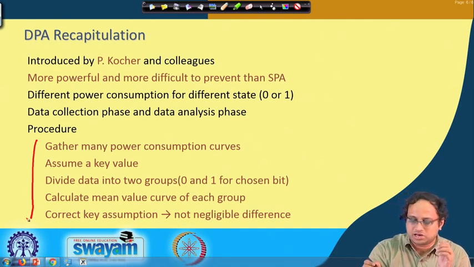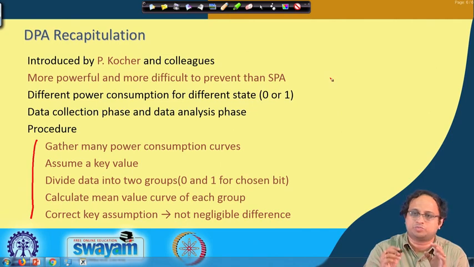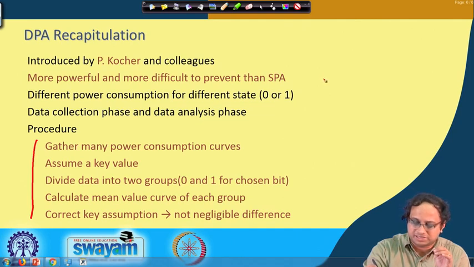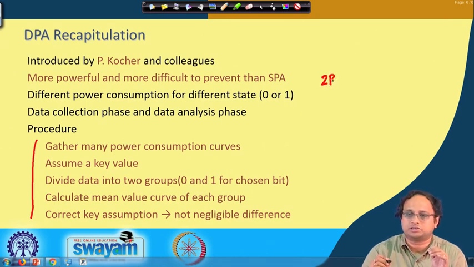So what I mean is, if I just take the simple scalar multiply algorithm, the double and add algorithm, what we are doing in the normal double and add algorithm is a double operation. If you have a point P, you are doing a 2P operation always.